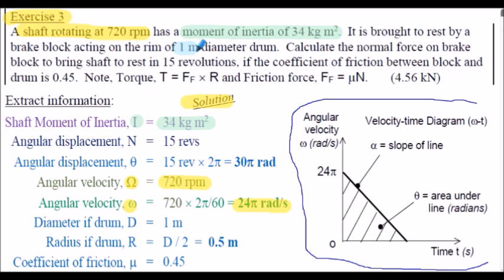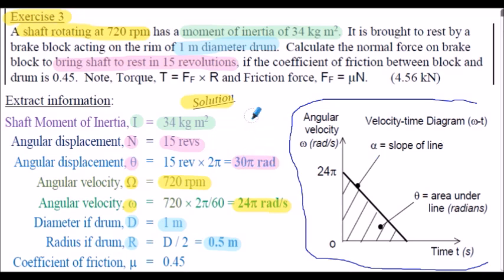And the drum has a 1 meter diameter, so capital D here is 1 meter. So the radius of the drum, which we'll need later on, will be 0.5 meters. The number of revolutions in bringing the shaft to rest is stated as 15, so N is equal to 15 revs, and of course converted into angular displacement in radians, that evaluates to 30 pi radians.